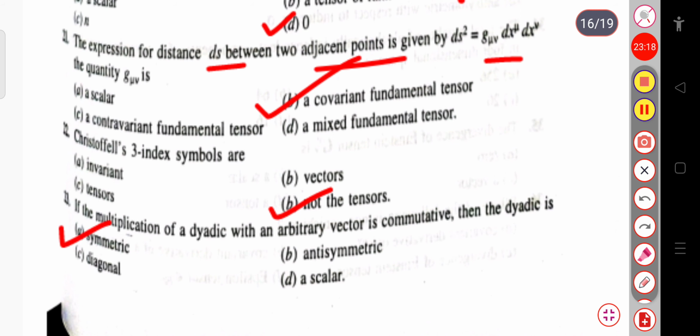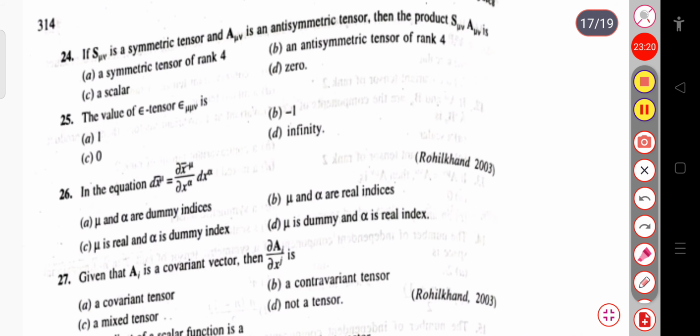The next question is, if S mu nu is a symmetric tensor and A mu nu is an antisymmetric tensor, then the product S mu nu into A mu nu is a symmetric tensor of rank 4, or an antisymmetric tensor of rank 4, or a scalar, or 0.